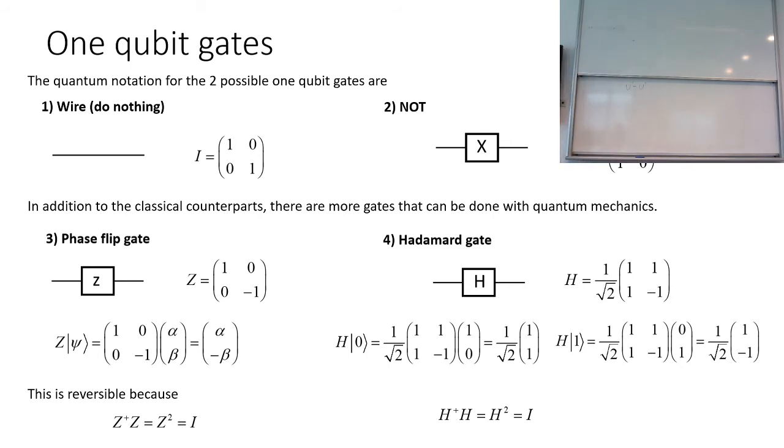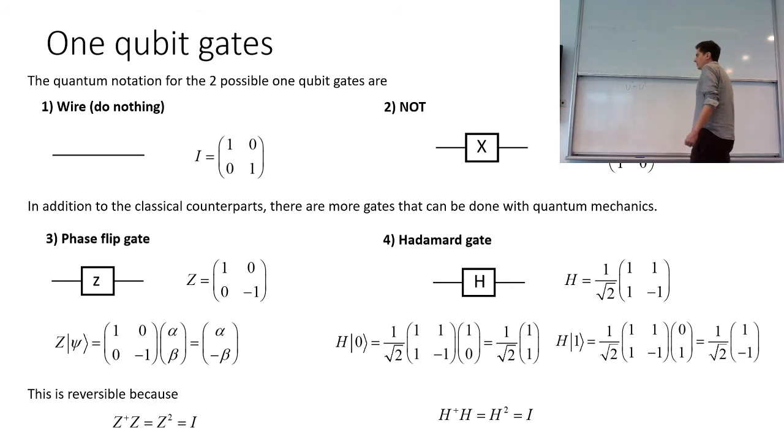And this is very much a quantum type of gate, as you can see, because what's happening is that it starts from alpha beta, and then a minus sign is added on the beta. Classically, there's no such thing as adding a minus sign to the state. So this is really a purely quantum gate. Another one, which is very commonly used, is the so-called Hadamard gate.